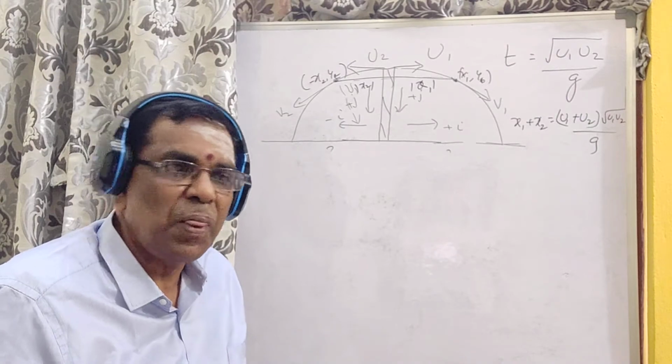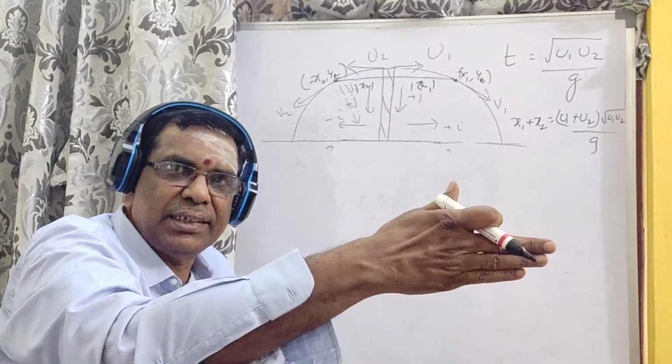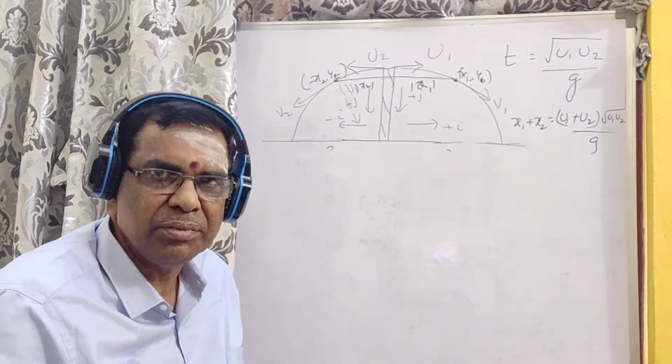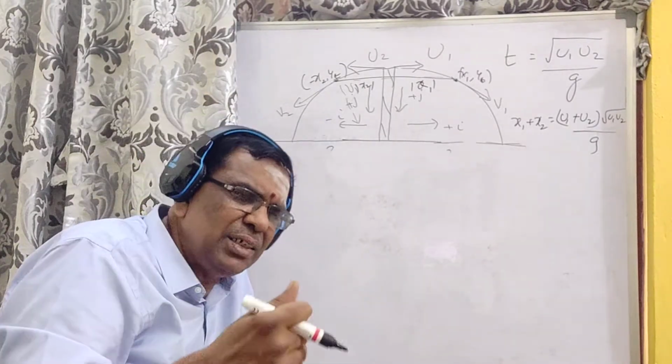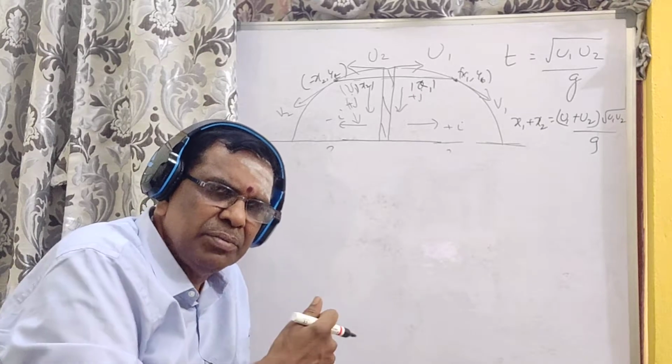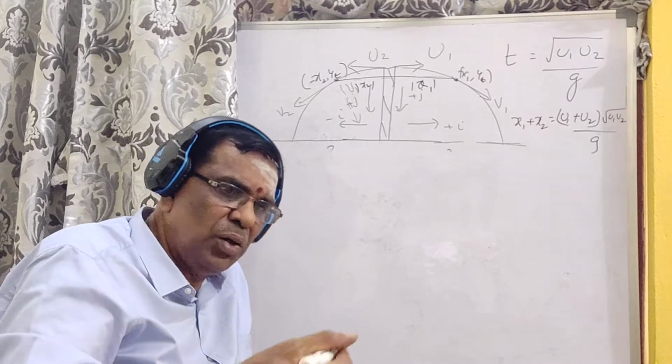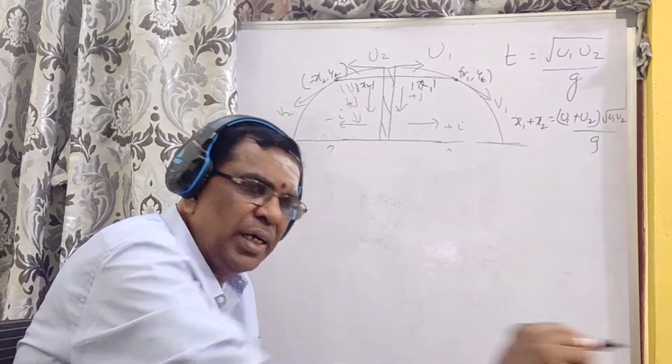What do you do? If this is the x-axis, I'll say it has gone x1, where x1 is equal to u1t. At the same time, what has this gone? Let this be z for the time being. So z, what is that? u2t. So you have u2t, u1t.